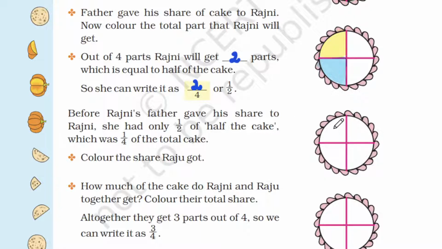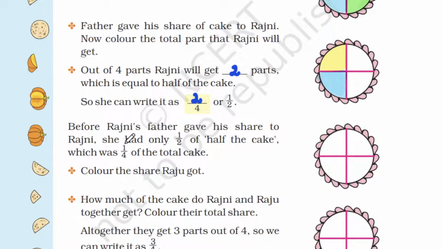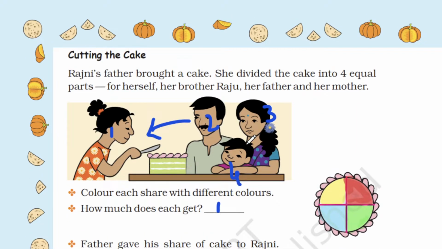For example, this is 1 by 2 and half of the cake is this portion only. So she had only this portion, which is 1 by 4 of the total cake. So color the share Raju got.